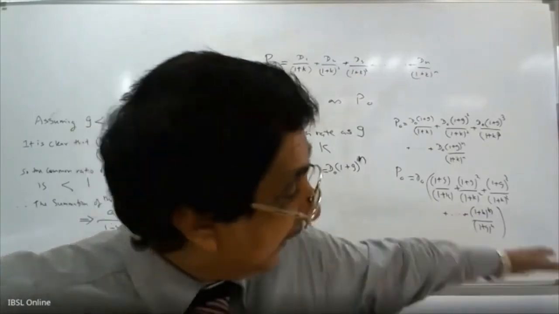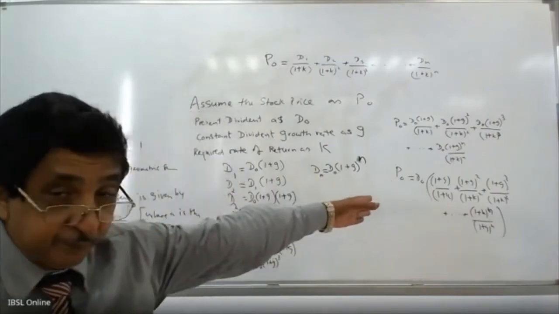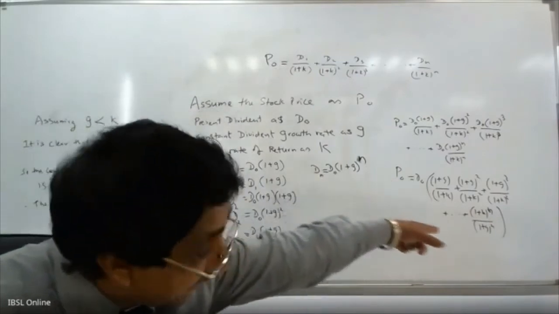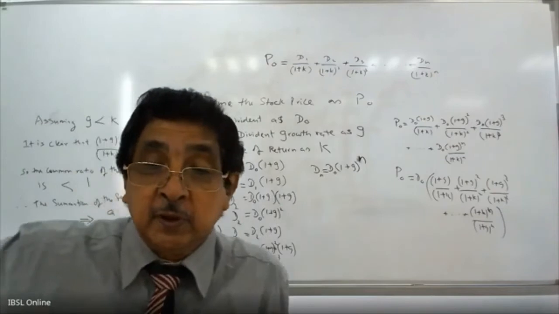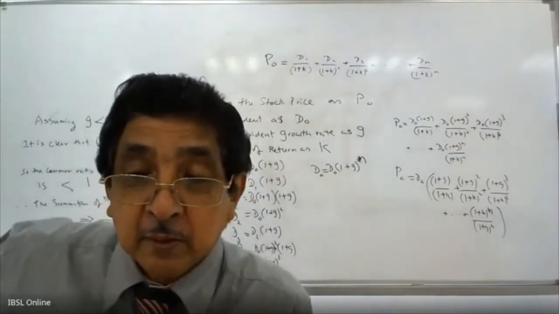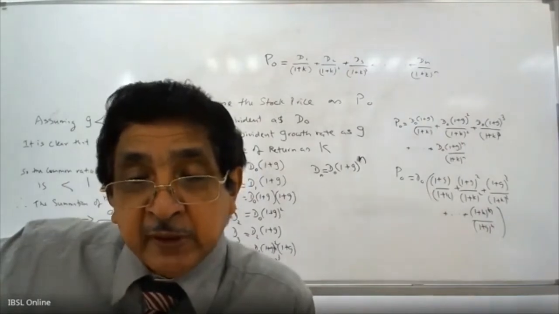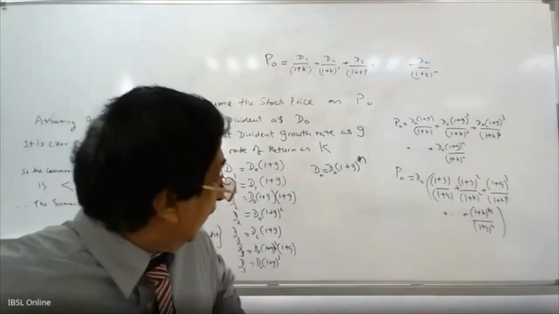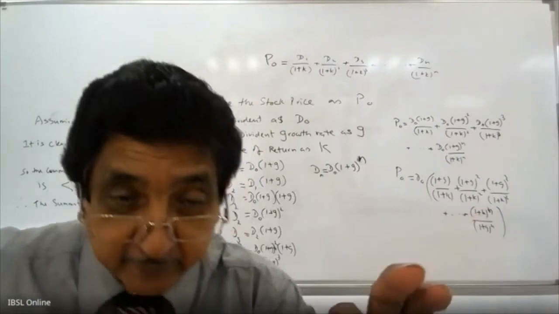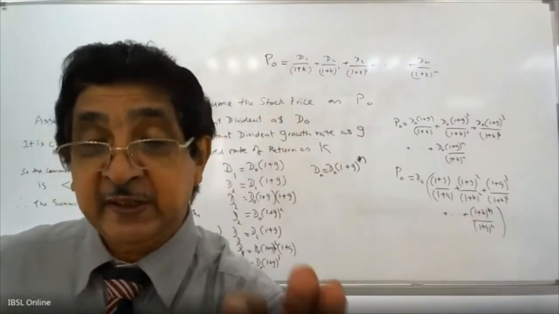I have just given this geometric series there within the brackets. Yes, Pradipika, the first term is not D0. D0 I have taken out. That is a common factor, D0.